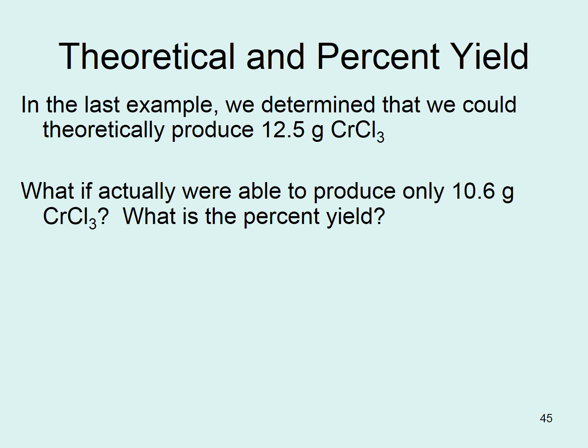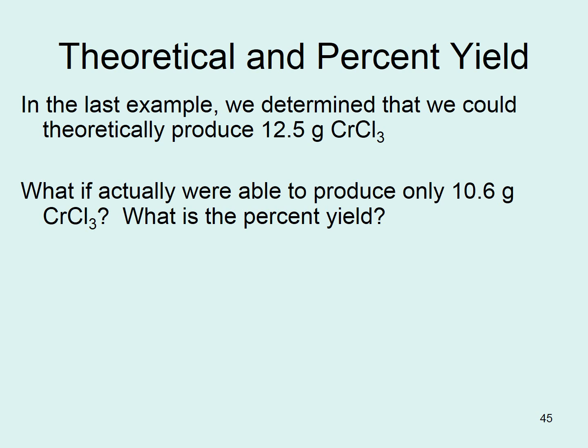So in the last example, we determined that our theoretical yield was 12.5 grams of chromium chloride. Well, what if we actually ran that experiment and we collected our chromium chloride, we did everything exactly like it said. We used the same amounts of chromium, the same amounts of the two reactants. And when we finished our reaction, we collected 10.6 grams of chromium chloride.